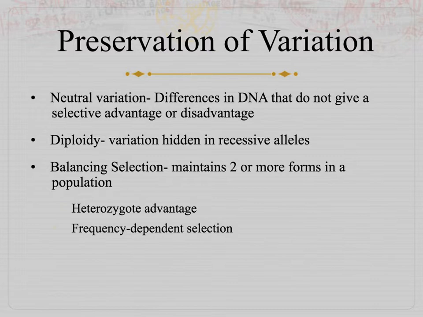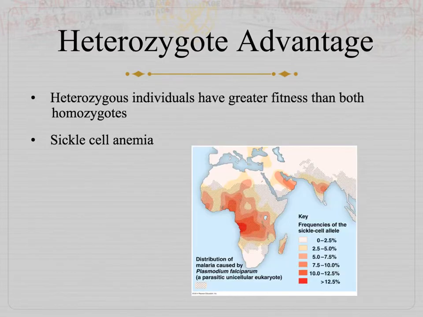Balancing selection will help to maintain two or more forms in a population. Okay, and there's two main types of those: heterozygous advantage and frequency dependent selection. So in heterozygous advantage, obviously individuals that are heterozygous have greater fitness than both the homozygotes, and that's where that sickle cell comes in.